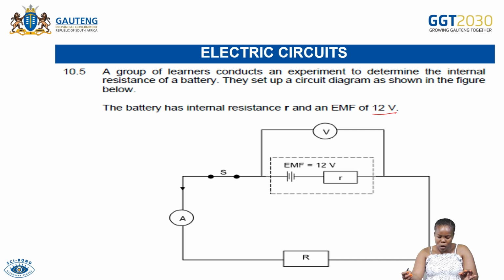We have a closed switch, an ammeter, a resistance that is not given as to its magnitude, and then the internal resistance. Remember, with Technical Sciences, we don't ask you to calculate the internal resistance, but we do need you to know what it is.